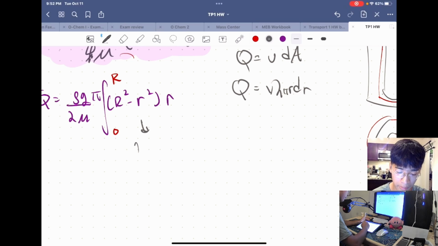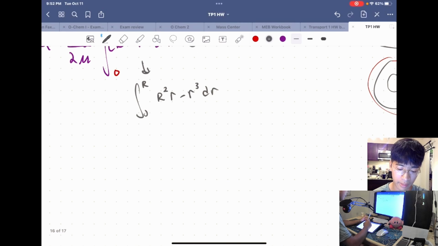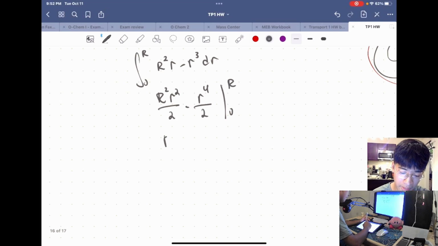If you distribute it through, don't forget the dr, we have r squared r minus r cubed dr. Okay, so then it looks like big R squared over 2 minus r cubed over 2, evaluated from 0 to big R. Evaluate that becomes r to the cubed over 2 minus big R. I said cubed, I meant to say to the 4th, over, that was a mistake.